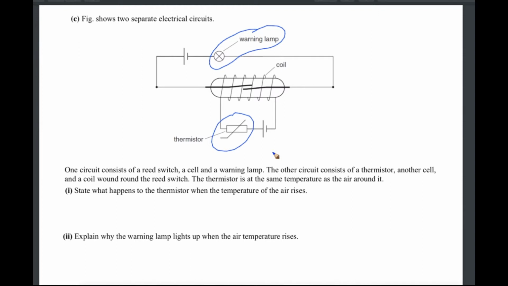But if somewhere, like in aeroplanes or in cinema halls, someone is smoking, in that place the temperature increases, and the thermistor is there.